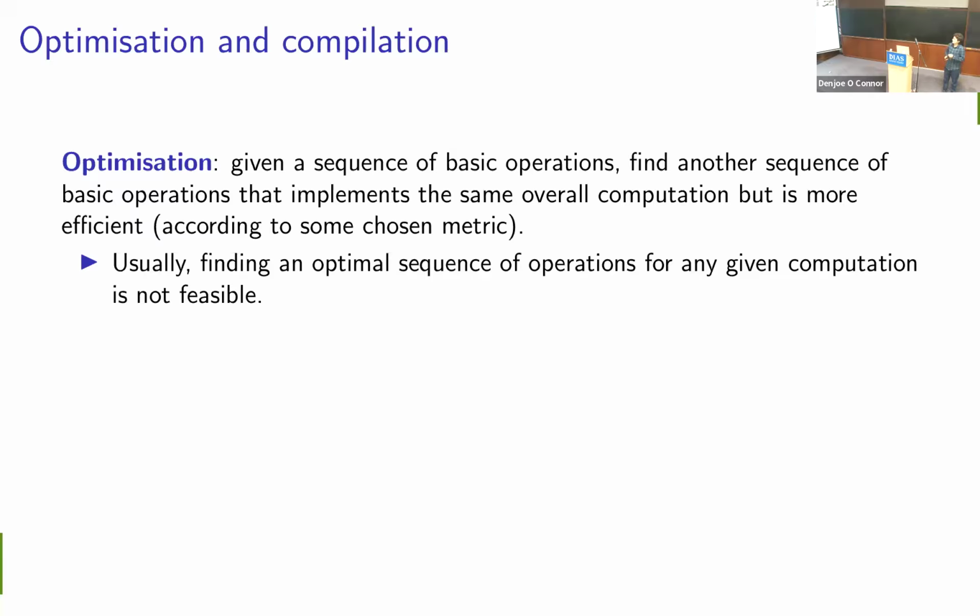In the quantum world, as I'll talk about in a little bit, we basically need to rebuild all of this knowledge from scratch, because very little of it transfers from a classical computer to a quantum one. And as mentioned on the slide, usually we can't hope to actually get the best representation of our computation, because that again would be computationally infeasible. But certainly we can make some improvements in a sensible amount of time or resources.